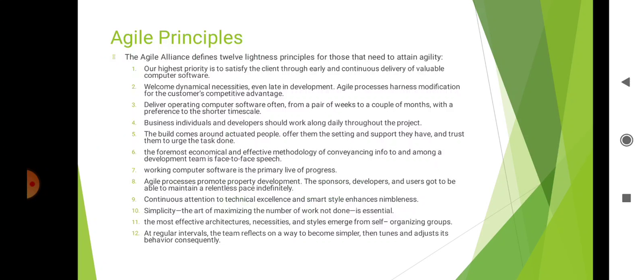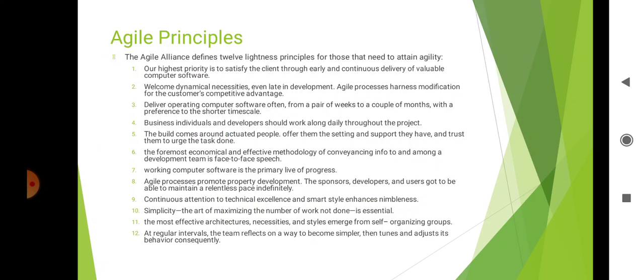Then Agile principles. There are 12 Agile principles. First, the highest priority is to satisfy the client through early and continuous delivery of valuable computer software. In this methodology, your priority is highest for the satisfaction of the customer.